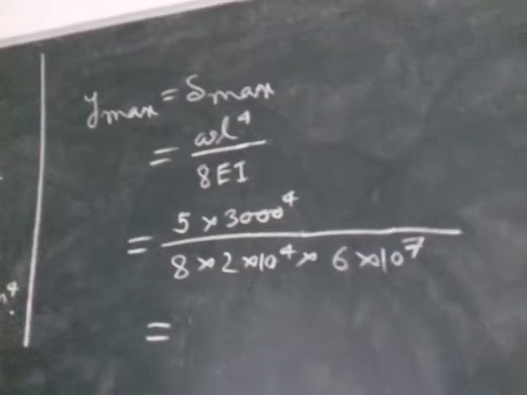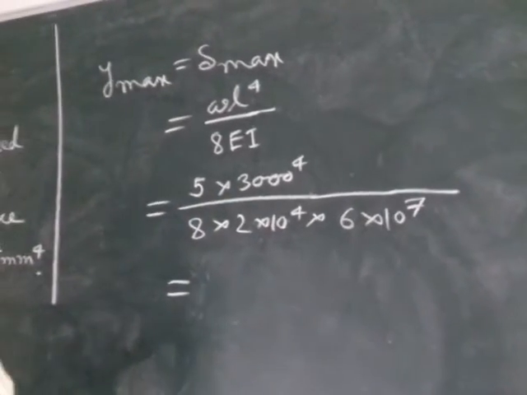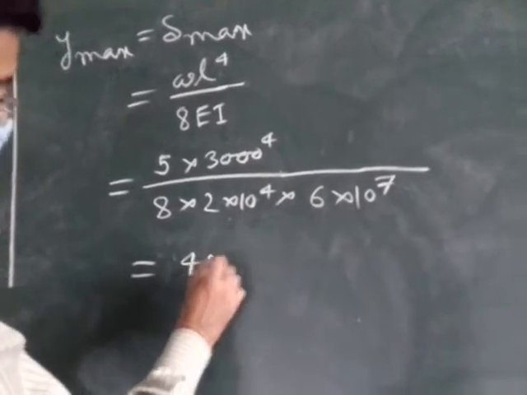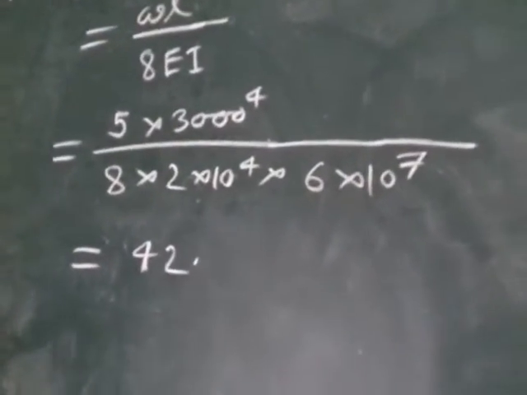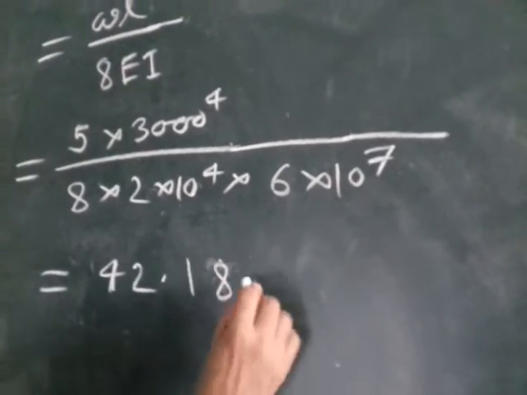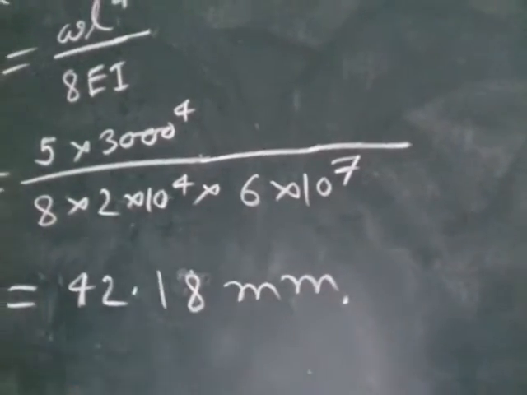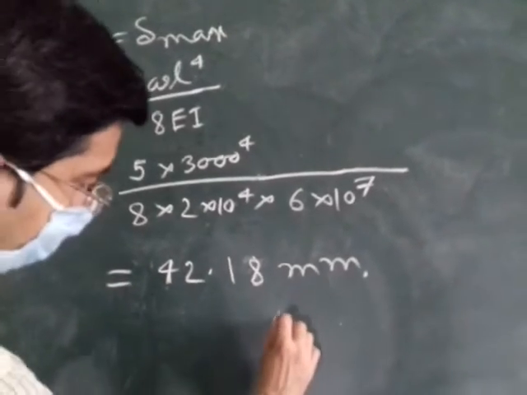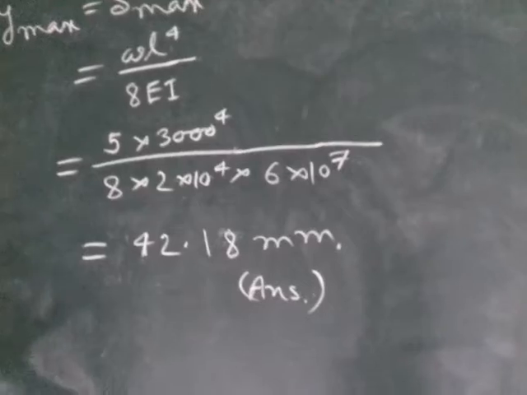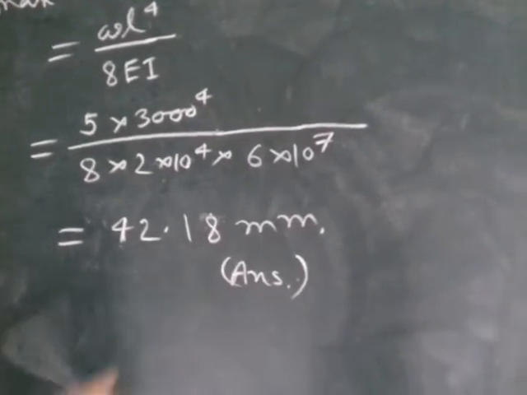Now calculating this value, we get 42.18 mm. So this is the second answer, the maximum deflection of the cantilever beam.